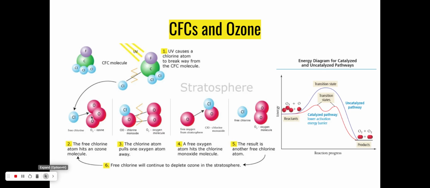Now, as you guys can see, ultimately what's happening throughout this mechanism is that chlorine is being first consumed in the first step, but by the end of the mechanism, another chlorine atom has reformed, and it can then do the same thing to another ozone molecule.